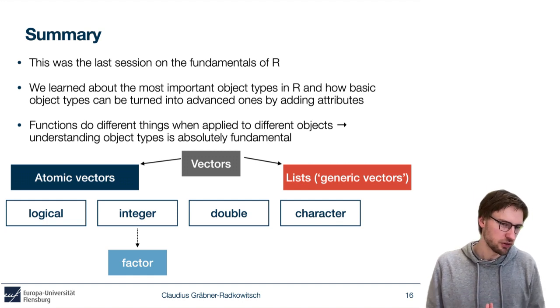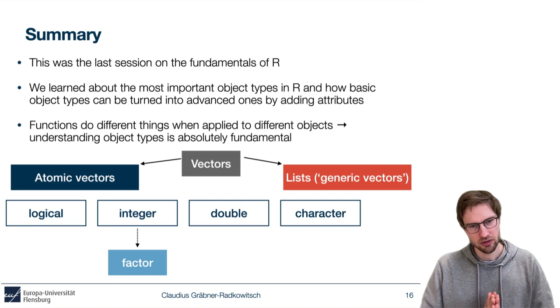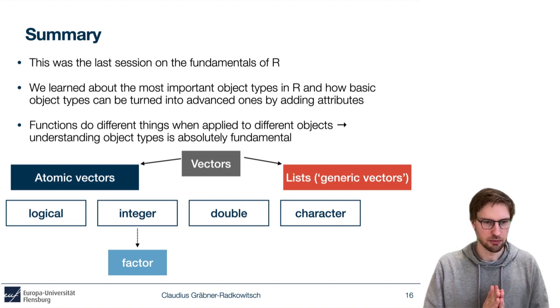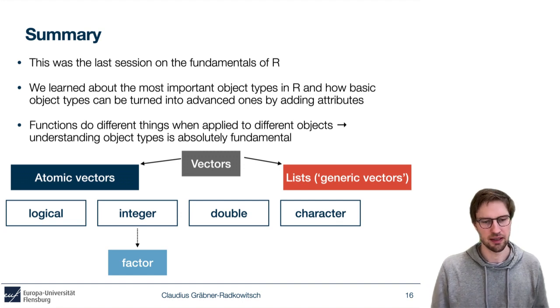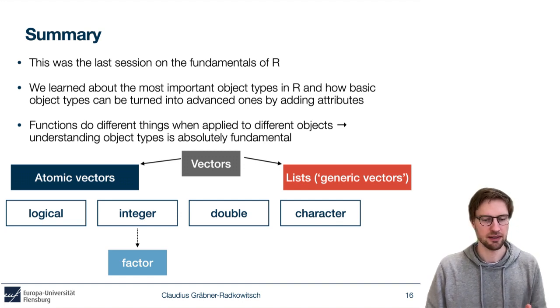I also suggested that usually it's a good idea to save the data in the form of characters and then turn them into factors whenever that's necessary for the analysis, because usually the underlying data has more the type character, and then working with something that's actually a fancy integer can be confusing.